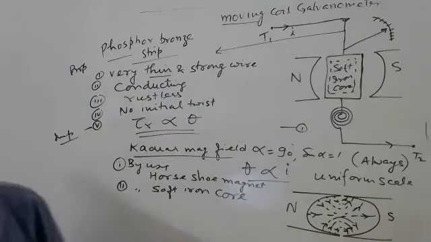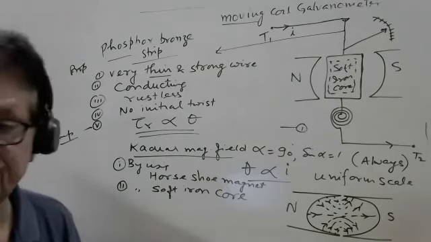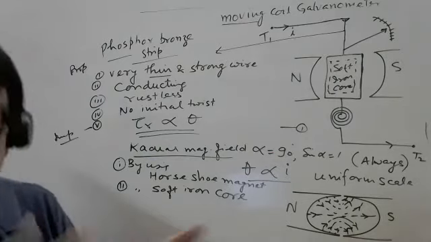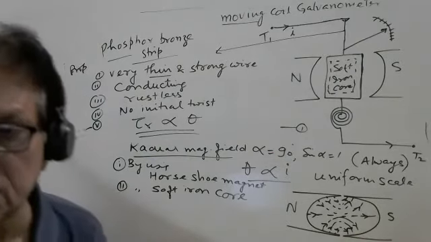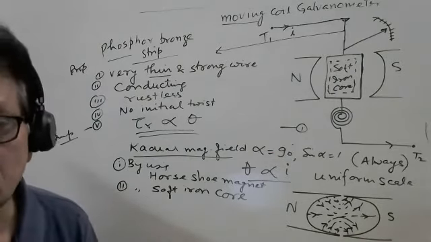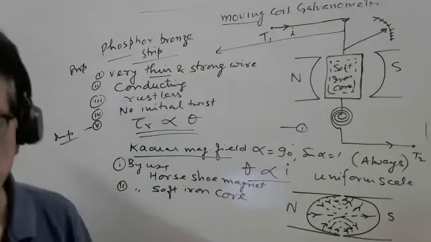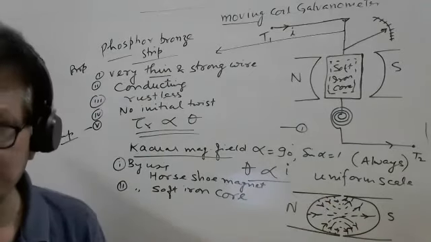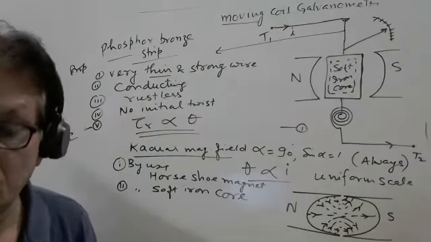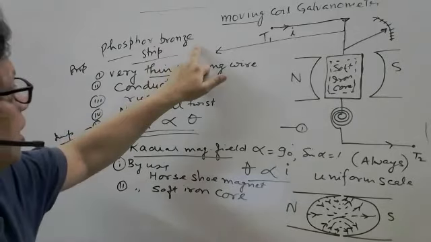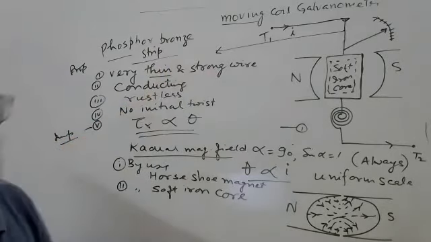That is why this is not an ordinary wire. Initially, our ancestors were using horse hair. Horse hair is so strong, you cannot break it. It is conducting also and very thin also. But now we are using a better alloy, that is phosphor bronze.